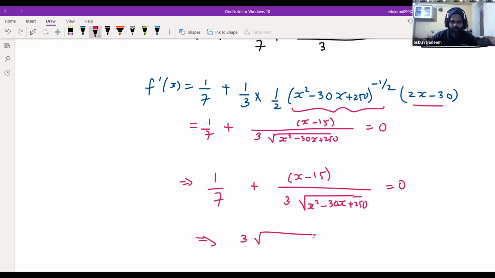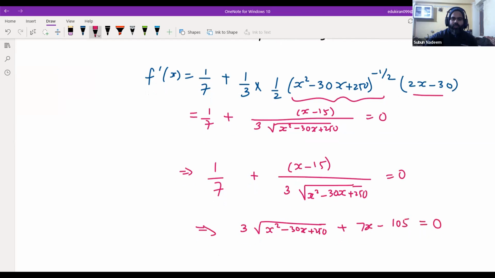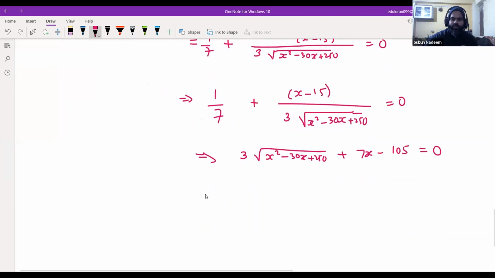So 3 root over x square minus 30x plus 250 plus 7 will also get multiplied. So 7x minus 7 into 15, 105 is equal to 0, because the denominator will multiply with 0, it will become 0. So this will be 3 root over x square minus 30x plus 250 is equal to 105 minus 7x.